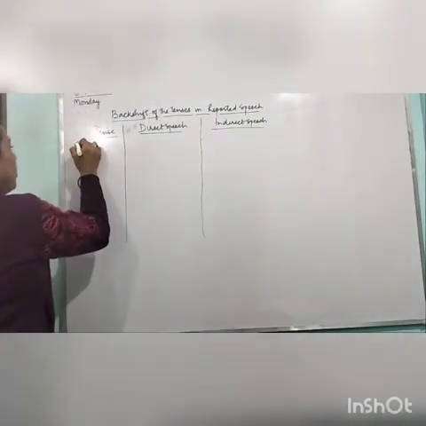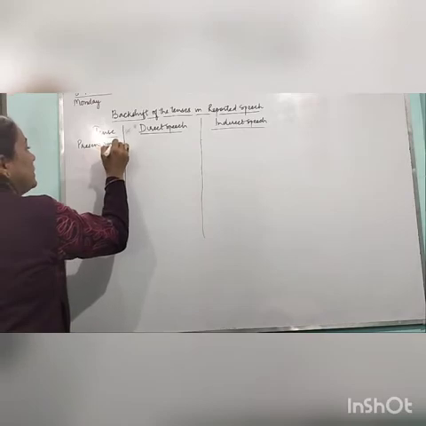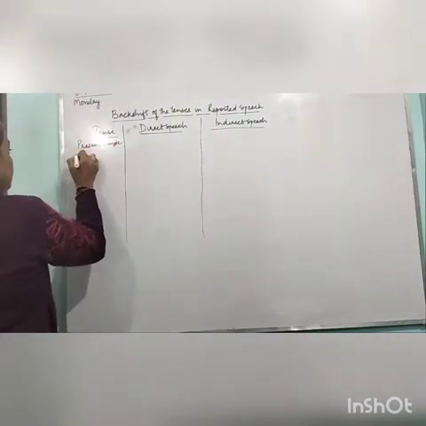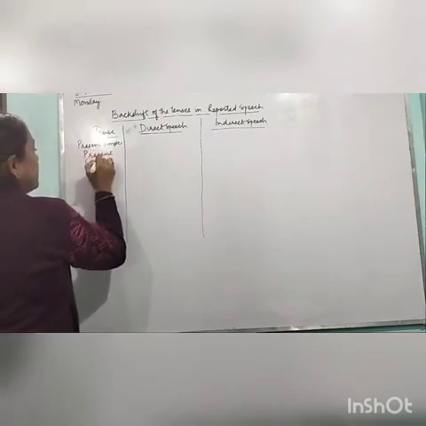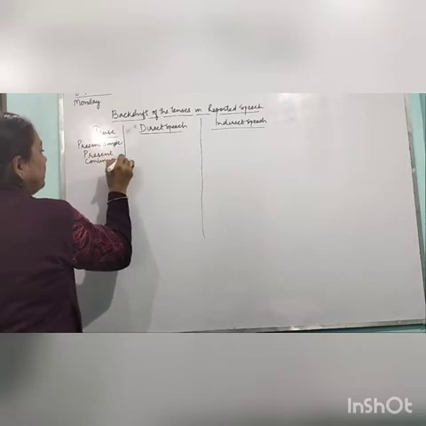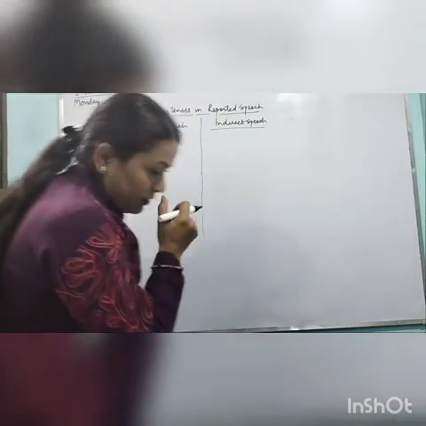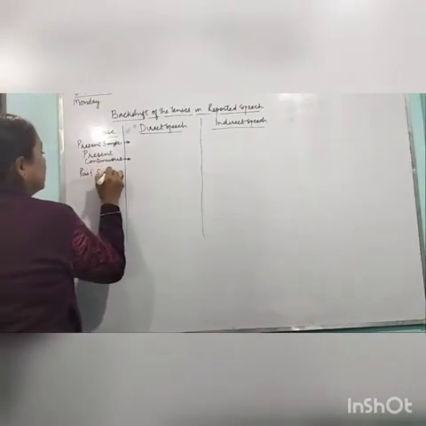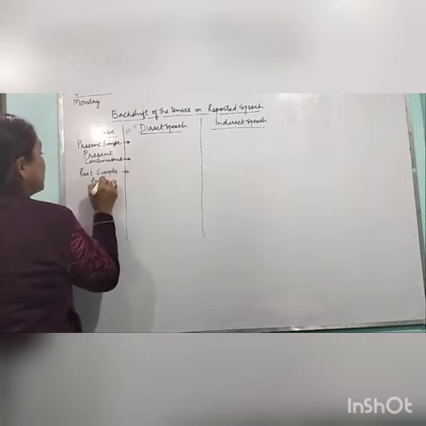First of all, we talk about the present simple. Then is present continuous. Next is past simple. Then is past continuous.